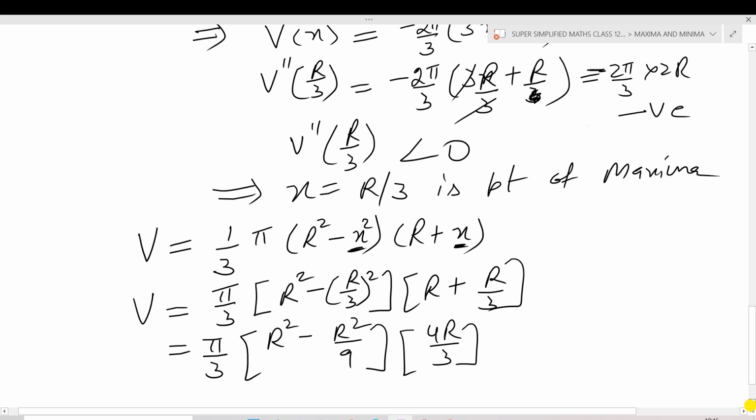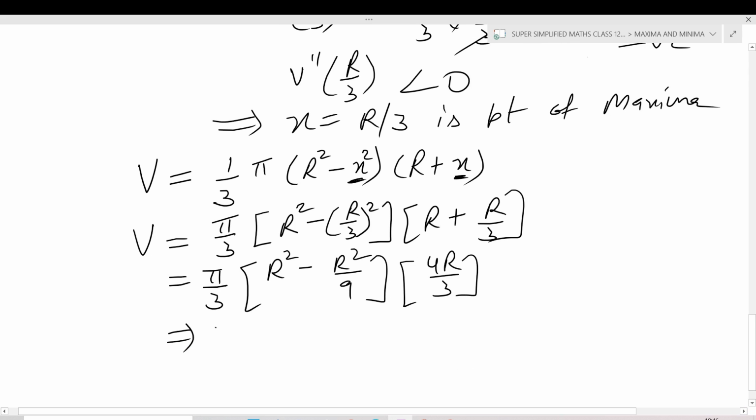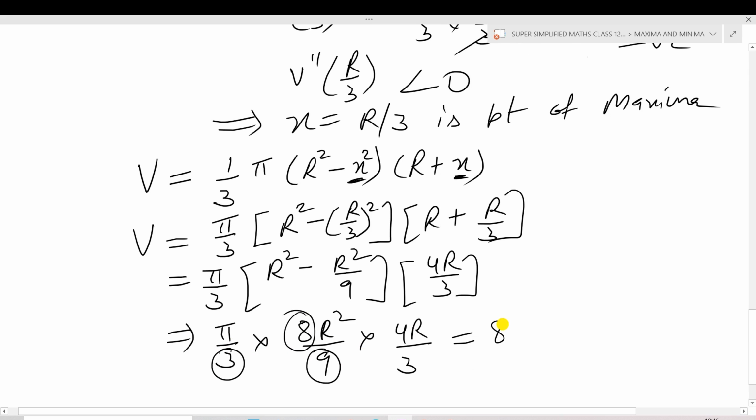So from this expression, if I take this 8 and 27, 8 upon 27 I am taking common. So let me see what is left inside. From numerator we are left with 4 pi r cube, and from the denominator we are left with 3. Since we have taken this and this common, so we are left with 3.